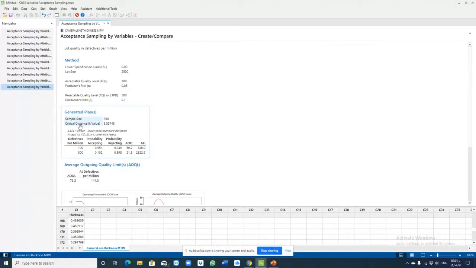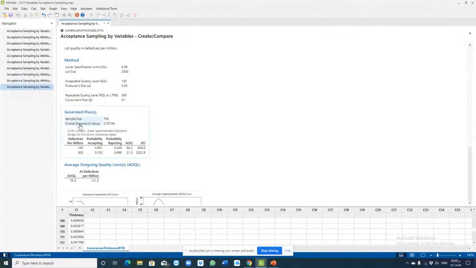What is the critical distance? It is a z-value, the z-value that you use or you find from the table. We will explain it, but you don't have to mathematically find it or using the tables. The Minitab, as for the sample size, does it for the nonlinear equation calculated.